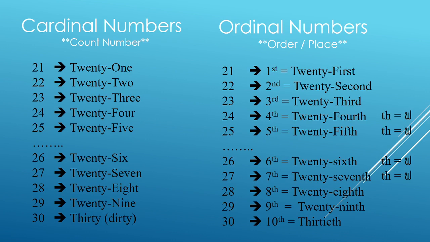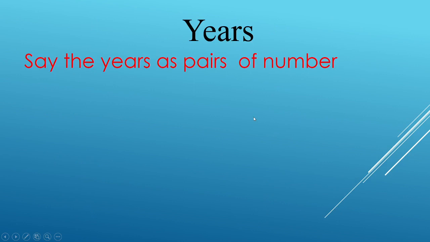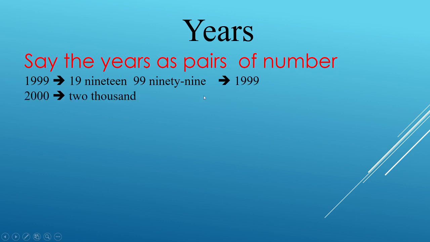For the next session, we'll be working with a different number system. Now, when we come to years, we say the years as pairs of numbers. For example, with this year, we say 19, separated by the first two numbers, and 99. So it becomes 1999.